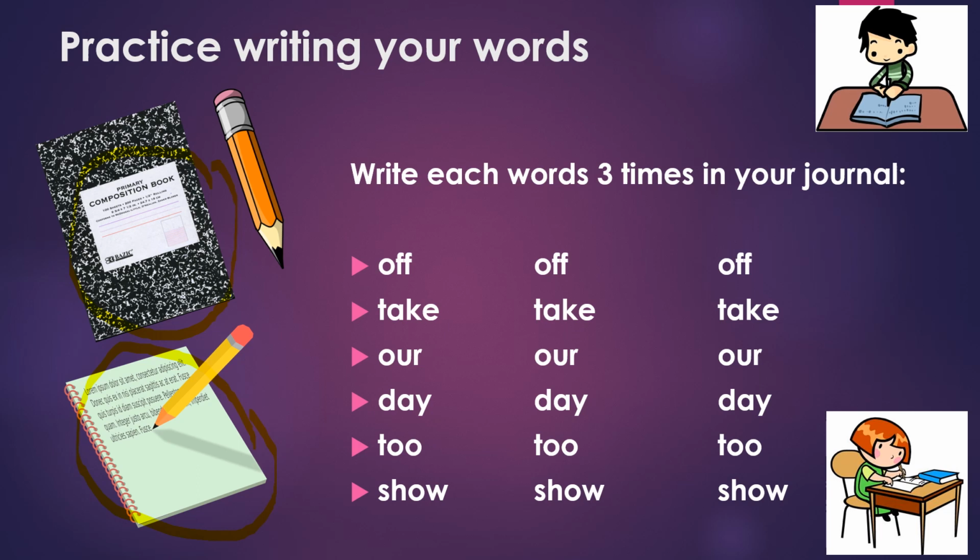I want you to take your 6 words: off, take, hour, day, to, show, and write them 3 times each, practicing them, okay? Use your best handwriting, write nicely, use your lines, don't forget the lines, all right?